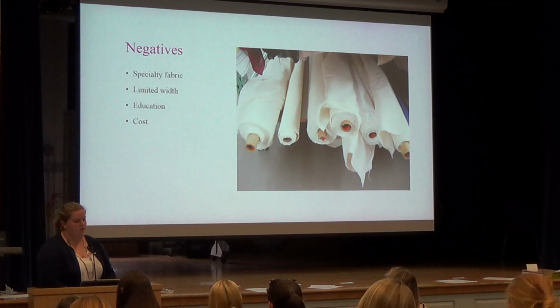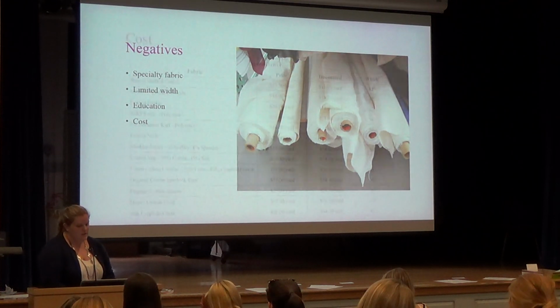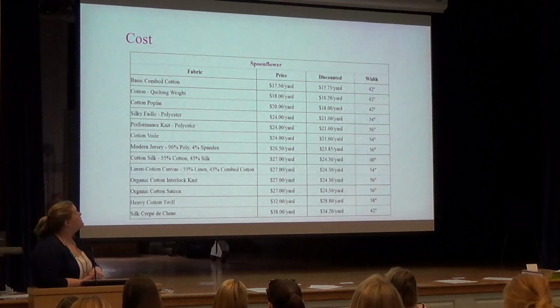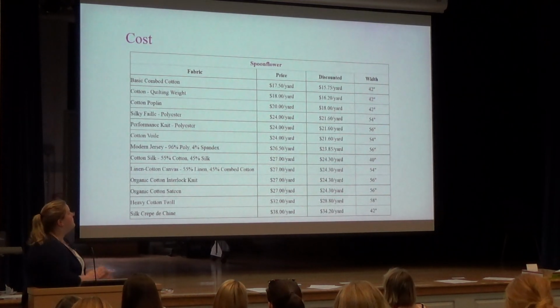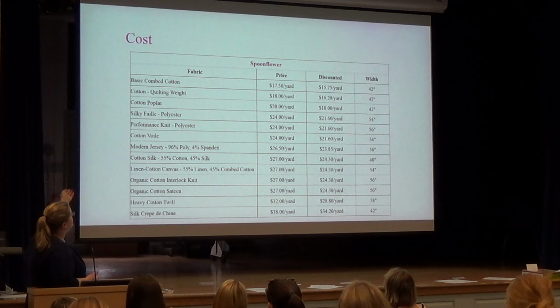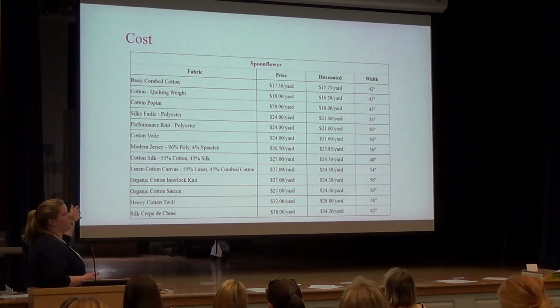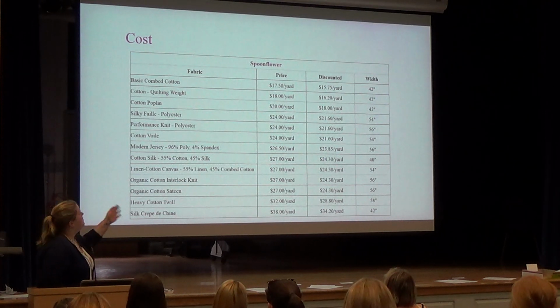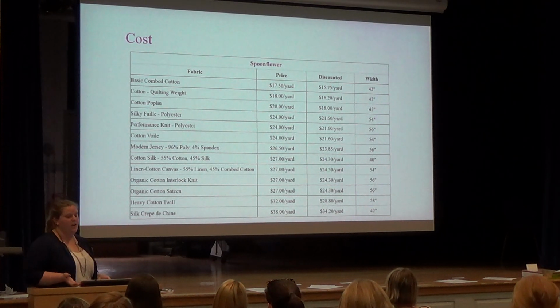And the next problem is cost. Here are Spoonflower's current prices, depending on what fabric you choose. You can get cotton, you can do silk, they have a nice variety, but as you can see, you're paying $27 a yard.